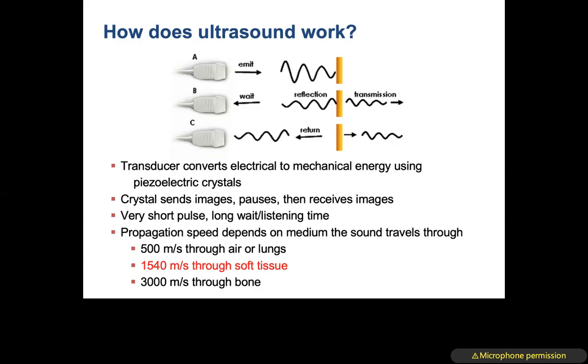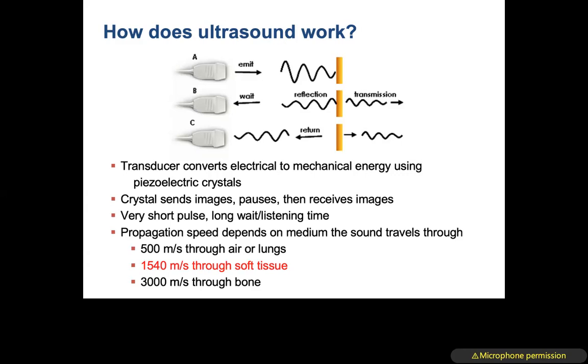As you see in this picture, the ultrasound beam goes out, hits your object, and is ideally reflected back to the transducer, and the transducer can then interpret an image. As you note here, though, some of those waves are actually transmitted through the object. Remember, we talked about propagation speed. That's how fast that ultrasound wave is going, and it depends on the medium that the sound is traveling through.